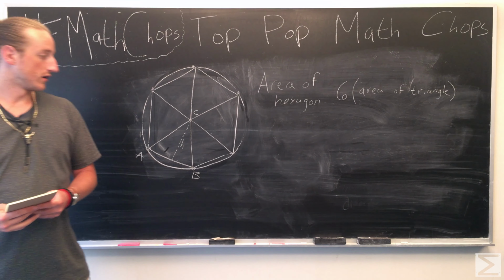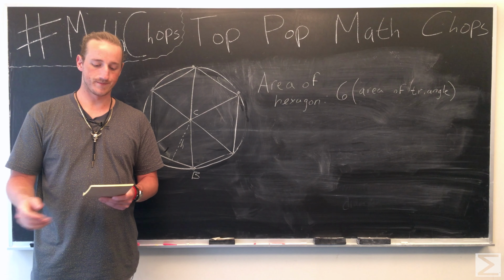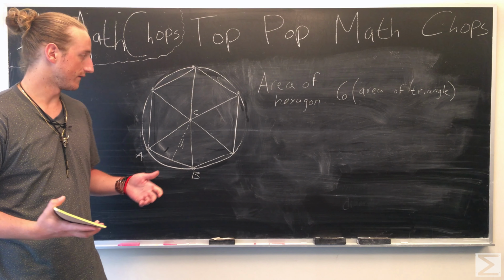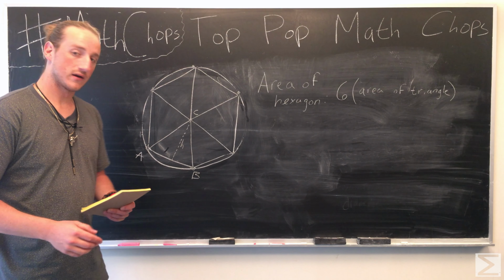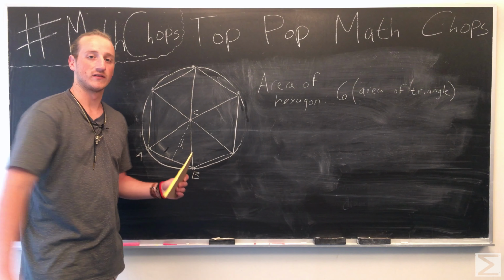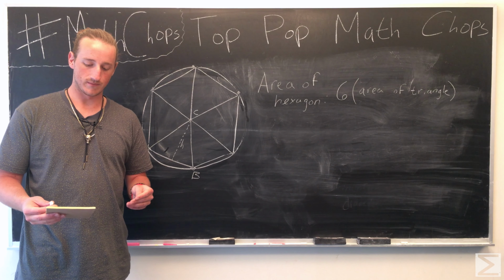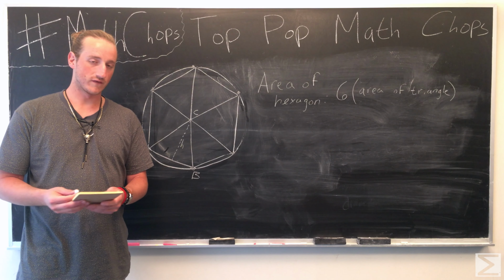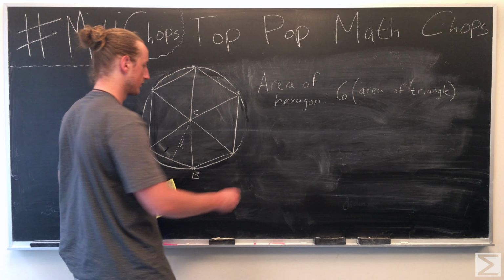So to find the area of one of these equilateral triangles, we have to look at 1/2 times the base times the height. And knowing that this is an equilateral triangle, we can figure out what the lengths of the base are.